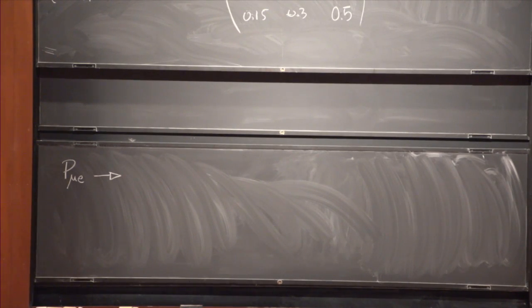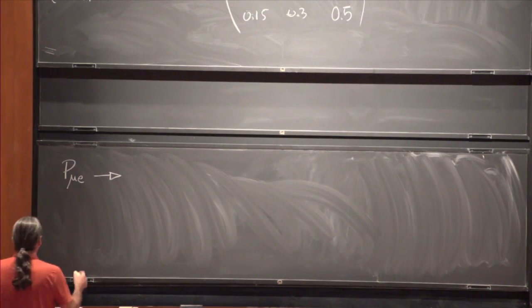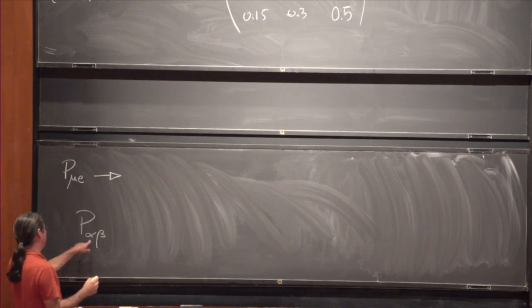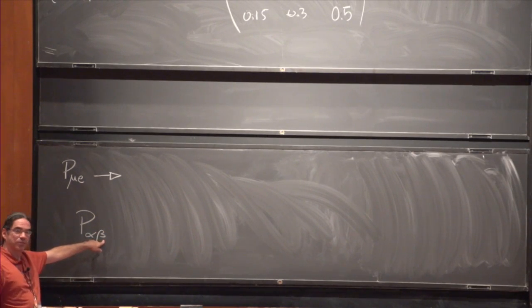So I don't know if people still talk about CP violation in the kaon sector. These are the classic experiments from the 60s. It's really hard to explain how CP violation is measured in the kaon sector. So if you've ever seen that, neutrinos are way nicer. So the way that we look for CP violation in the neutrino sector is very simple. We look at a channel. So you produce a neutrino with some flavor, you measure it with a different flavor.